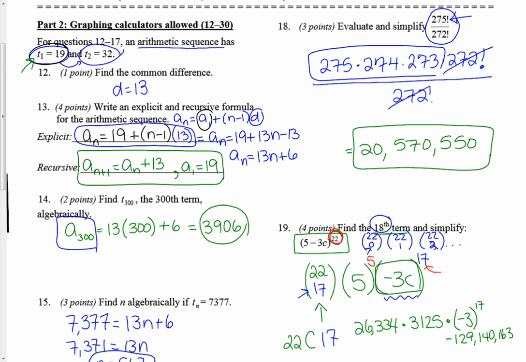And then you also had the c. The c was to the 17th power as well. So now I've just got the last part here, which is to put these 3 numbers together. This number is times this number, which is times this number. And all of those have the c to the 17th next to them. So if I do that, my calculator is going to slip into scientific notation.